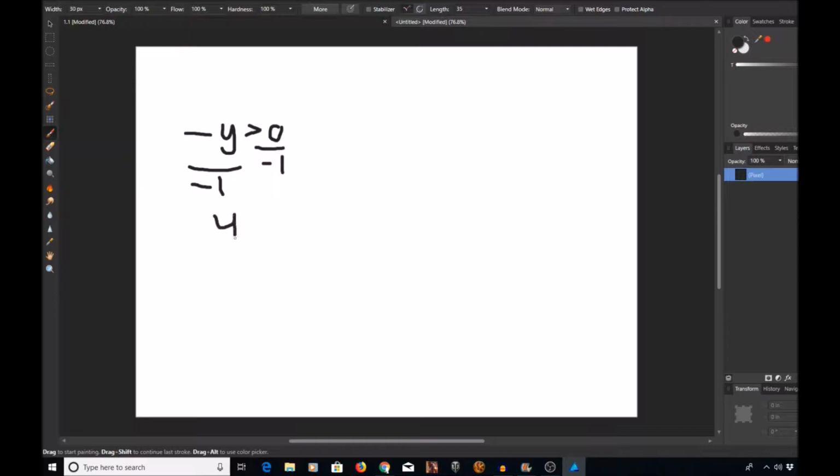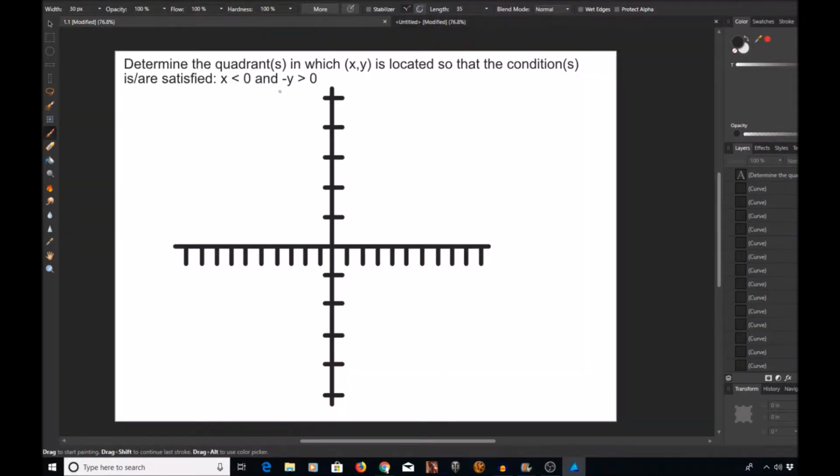So we divide by -1, and now positive y, and remember, when you're dealing with inequalities and you divide by a negative number, you always reverse the sign of the inequality. So that now becomes y is less than 0. So -y is greater than 0 actually just means y is less than 0.